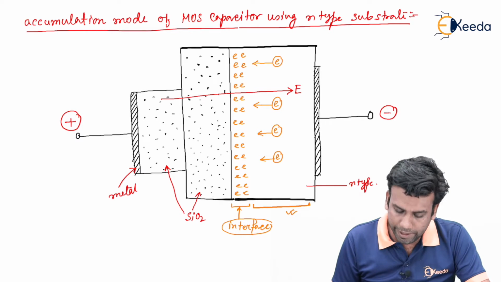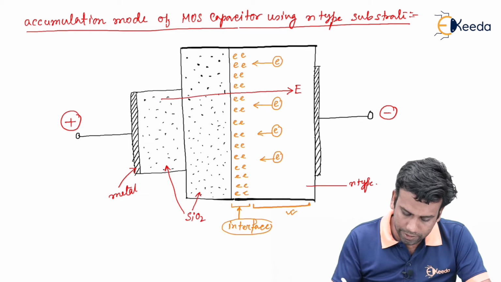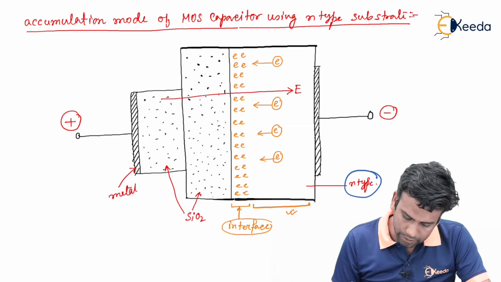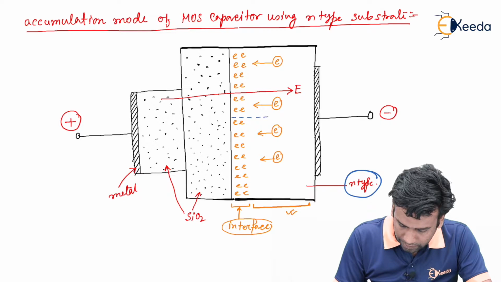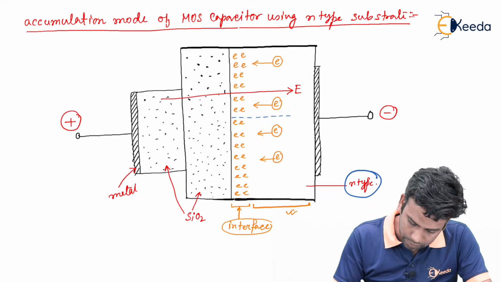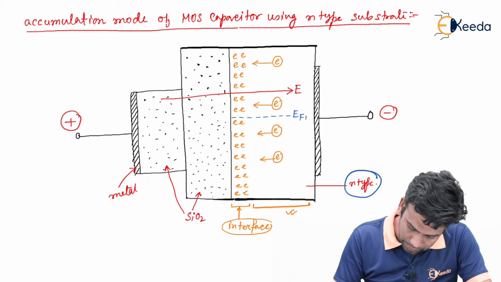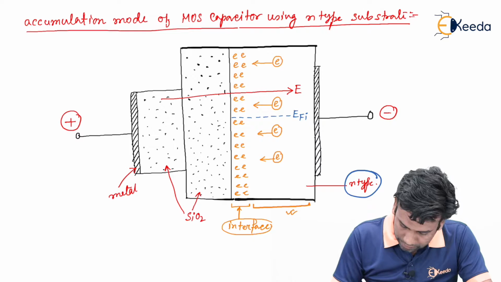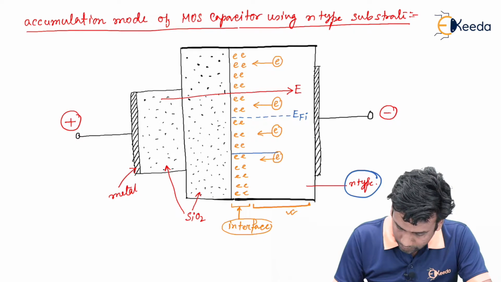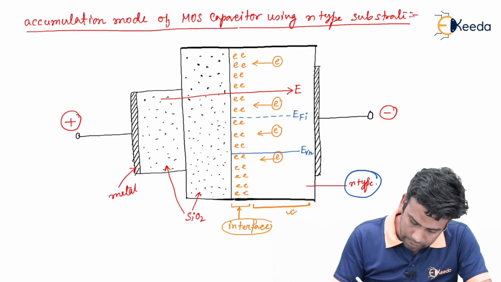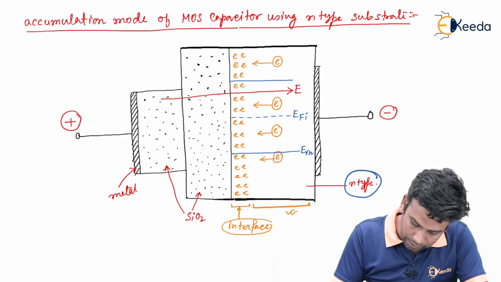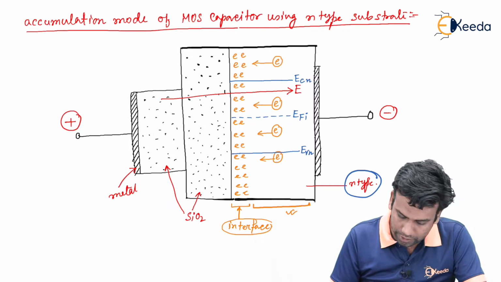So we can draw the band diagram of this accumulation mode in the following way, and we know that since it is an N-type semiconductor, if this is the Fermi level of the intrinsic semiconductor and if this is the valence band of the N-type semiconductor, then this will be the conduction band of the N-type semiconductor.